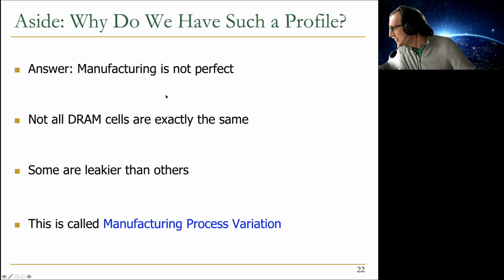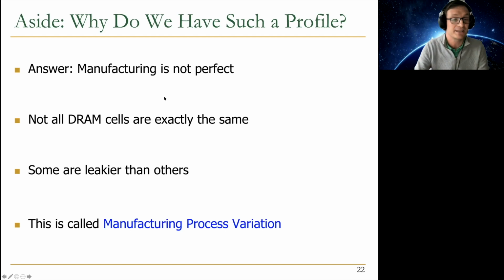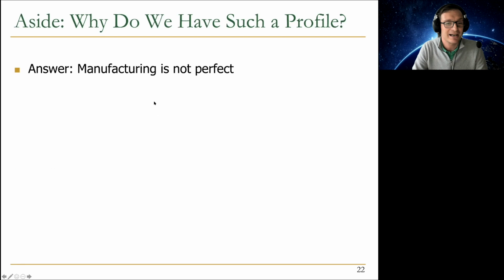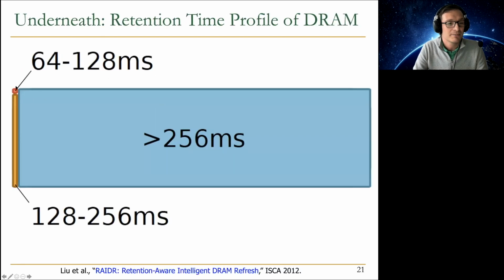Okay, I see people developing ideas. That's good. Couldn't we map which cells are mismanufactured and not use them? So that could be another solution, basically. If you know this information, you've just developed another solution based on knowing what's going on underneath, right? You can basically say, operating system, I know which cells need to be refreshed more frequently than, let's say, 256 milliseconds.